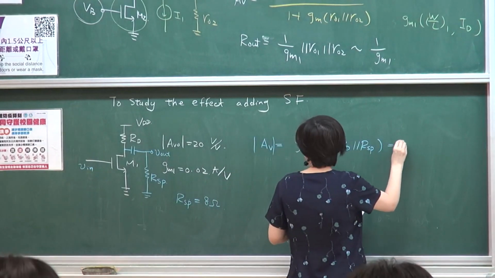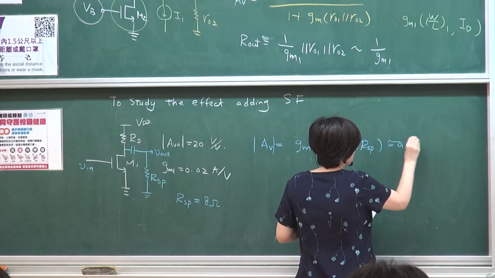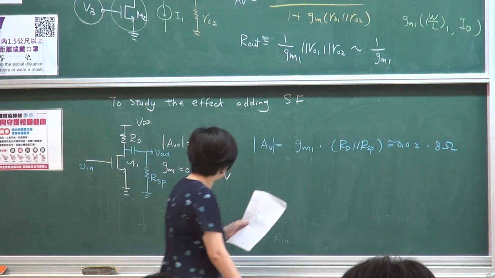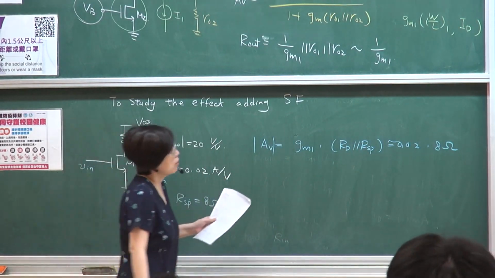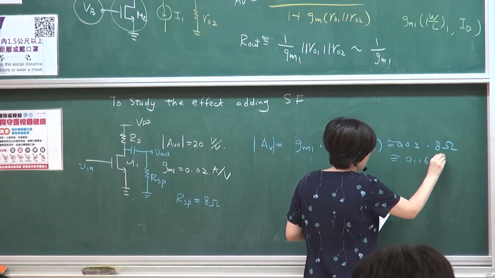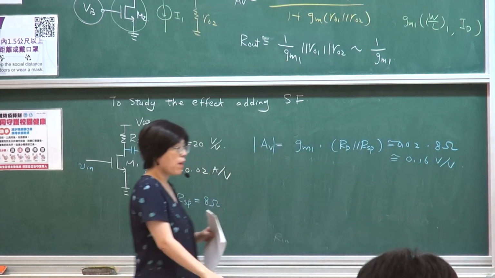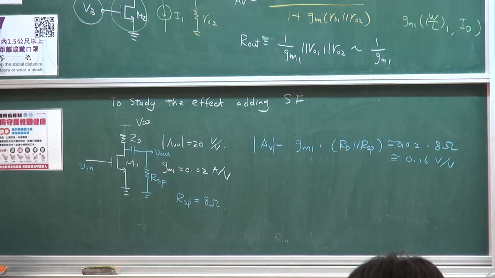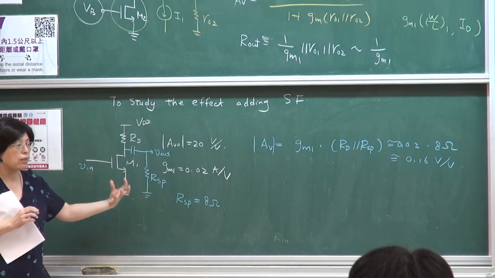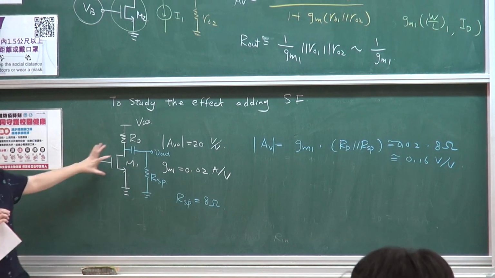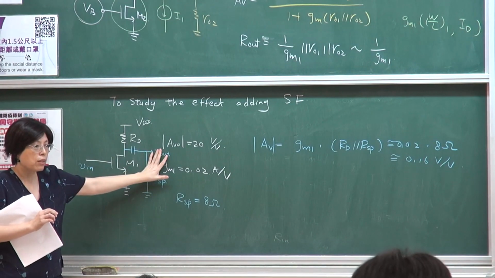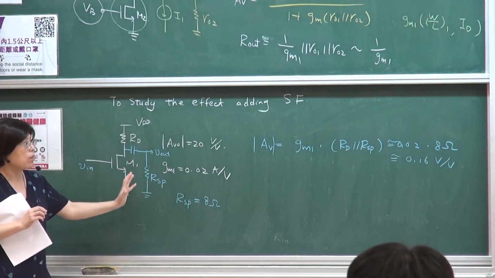So you simply have 0.02 times 8 ohm, which is a very small number, 0.016. So you're not amplifying, your signal is actually being attenuated. It's not an effective amplifier. If you connect it directly, even though I have internal gain, it doesn't reflect at the output because there's no buffer in between.